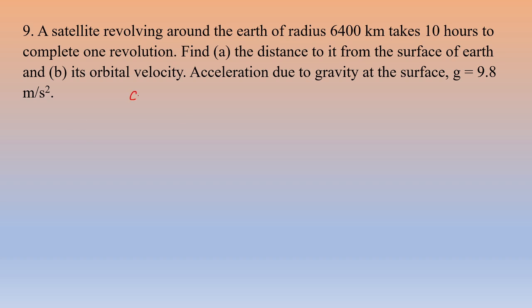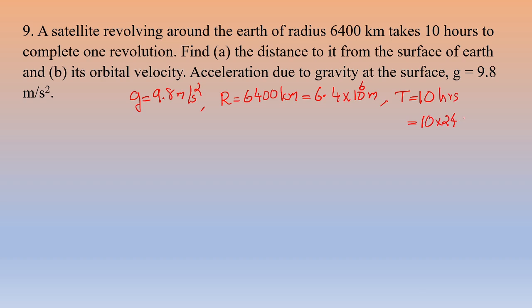So let us write the value of small g is equal to 9.8 meter per second square, and the radius of the Earth, 6,400 kilometer, is also expressed as 6.4 into 10 raised to 6 meter, and the period of revolution, capital T, is equal to 10 hours, that we have to express in seconds.